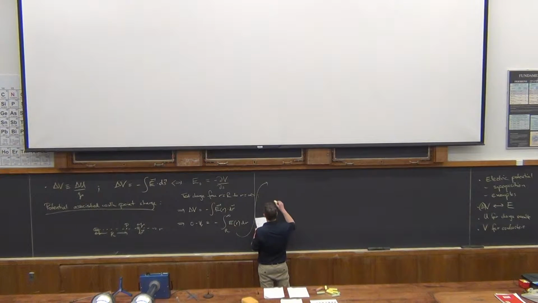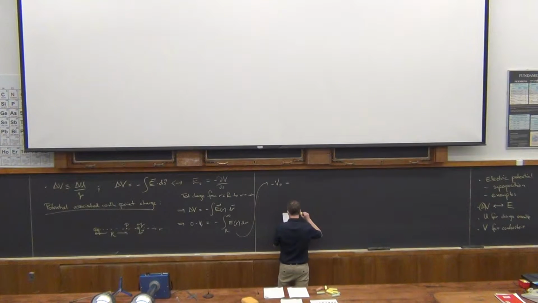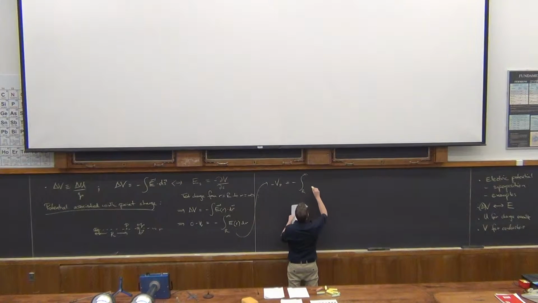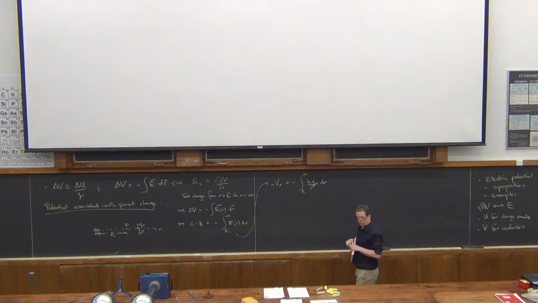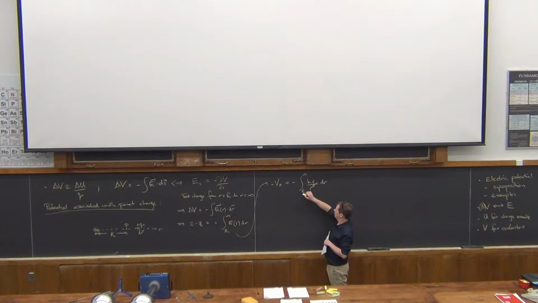And so this now tells me that minus Vp is minus the integral from big R to infinity of kq over r squared dr. Okay, so it couldn't be simpler. Here's my expression for the electric field as a function of radius. We learned that a couple of weeks back now. The scalar product has disappeared because it's always unity along the path that I've chosen.